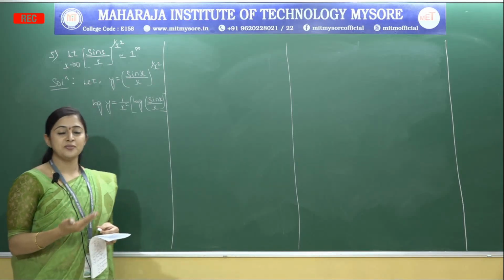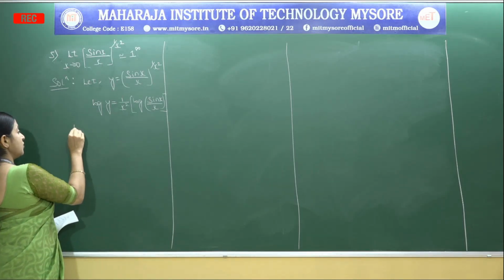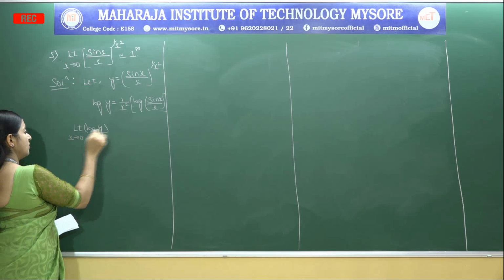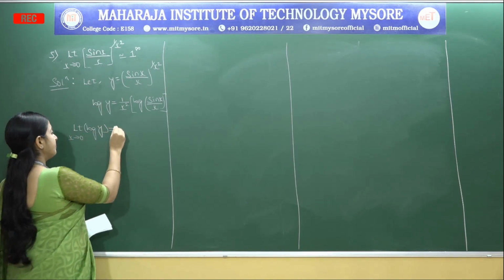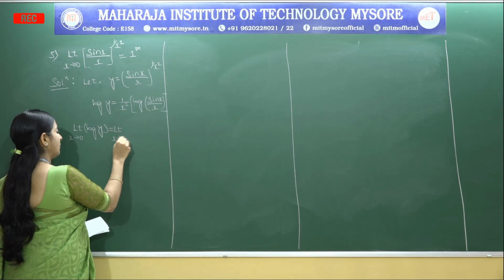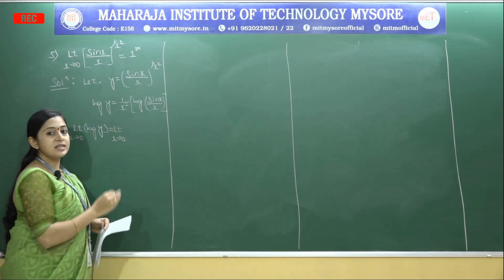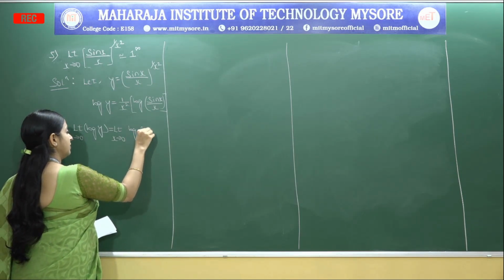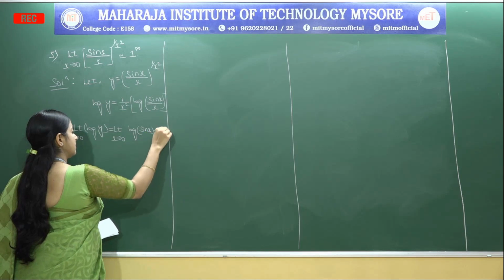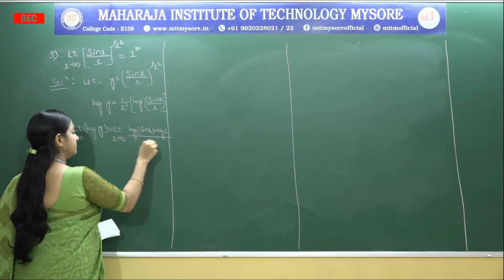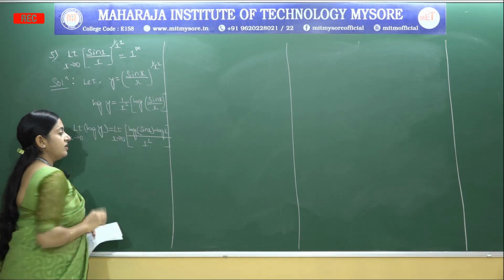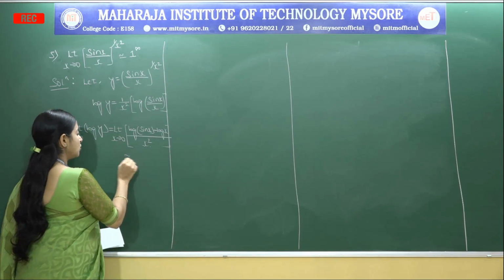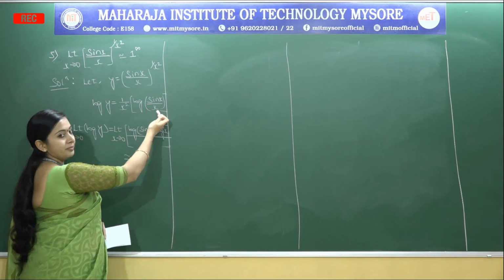Then as usual, apply the limit on both sides: limit as x tends to 0 of log y equals limit as x tends to 0. Here you apply the log m by n property: log sin x minus log x, divided by x square. Then soon after this you apply the limit for the RHS part.